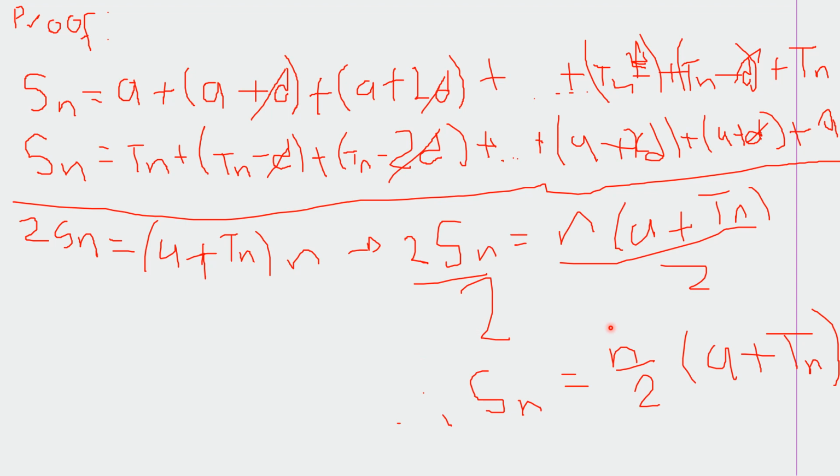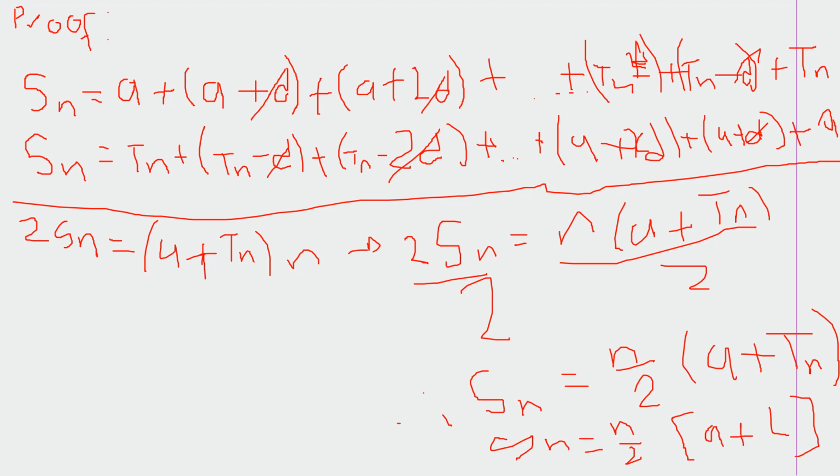So now remember, Tn actually represents the last term of the series. So if you have the value of the last term, you can just plug it in as Tn. So you can write the equation as Sn equals n over 2, and then a plus the value of the last term, Tn.